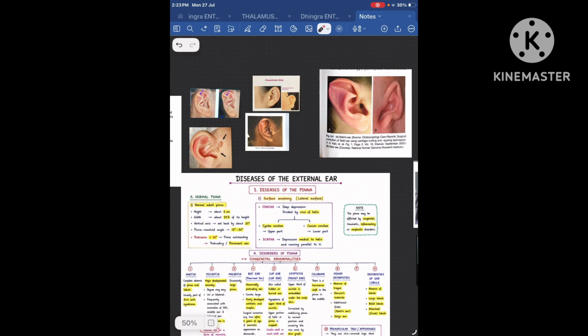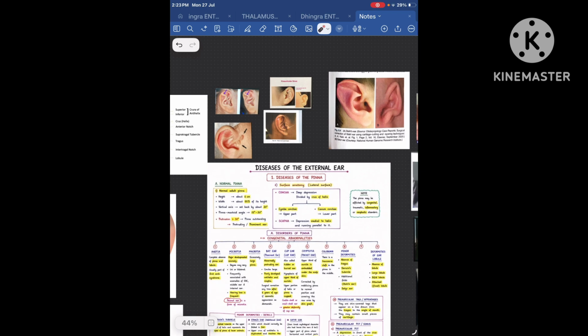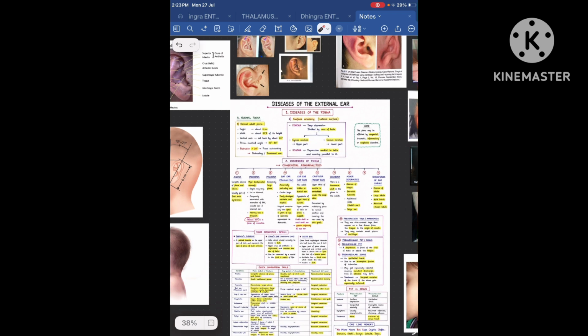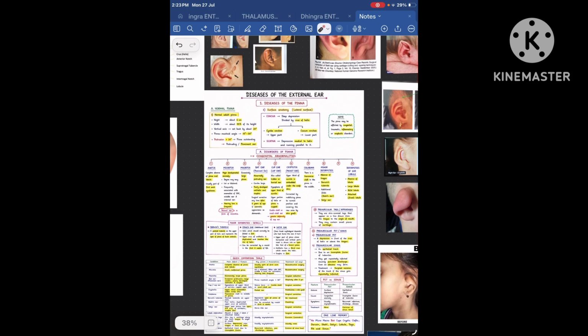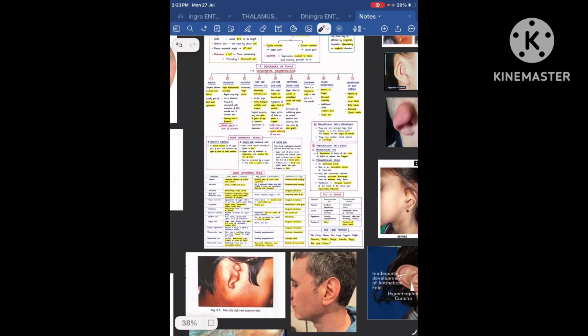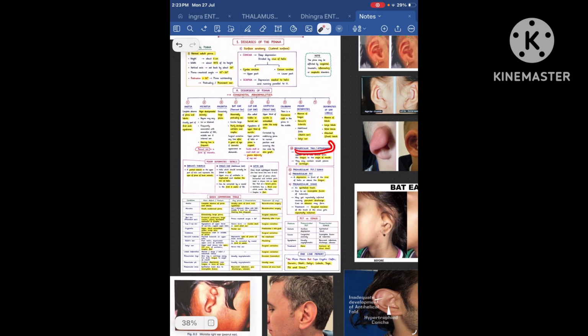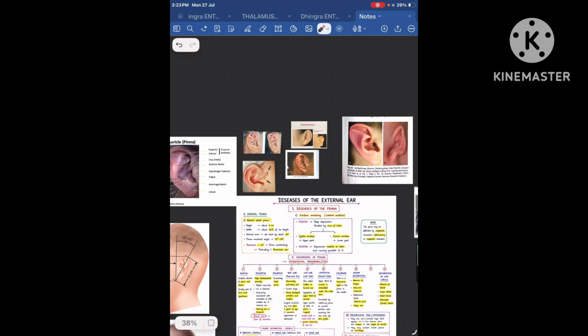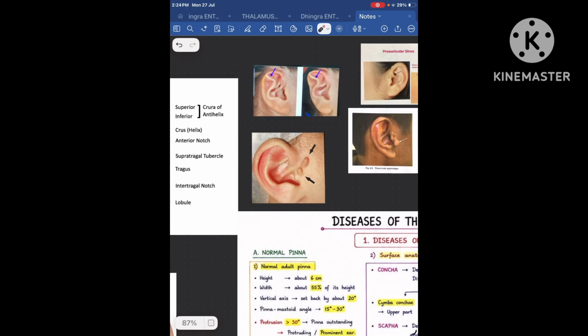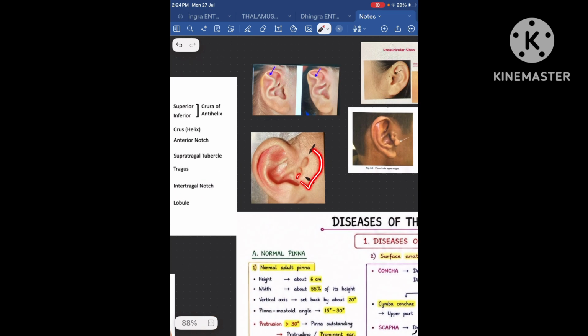You see, the helix that is normally folded is flat here. That's why it looks like this. Here is pointed, here is flat. That's the thing. And satyr's ear also looks like a horse's, right? So we have done that. Now one more thing is known as pre-auricular tags or appendages. If you see this image, this is pre-auricular appendages.